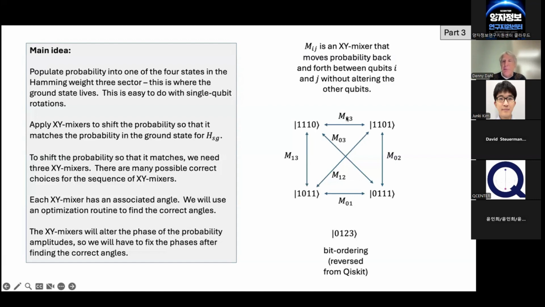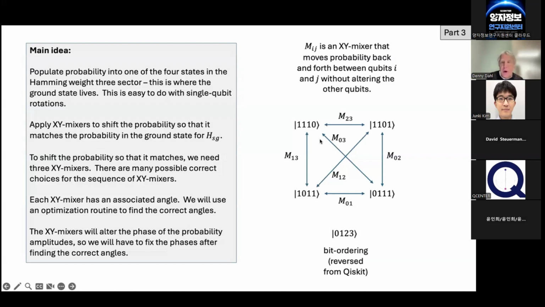So in this example, M23 can shift probability between qubit 2 and qubit 3. So if we start with our system completely populated in the 1110 state, we can apply the M23 mixer and move probability from this state into the 1101 state.